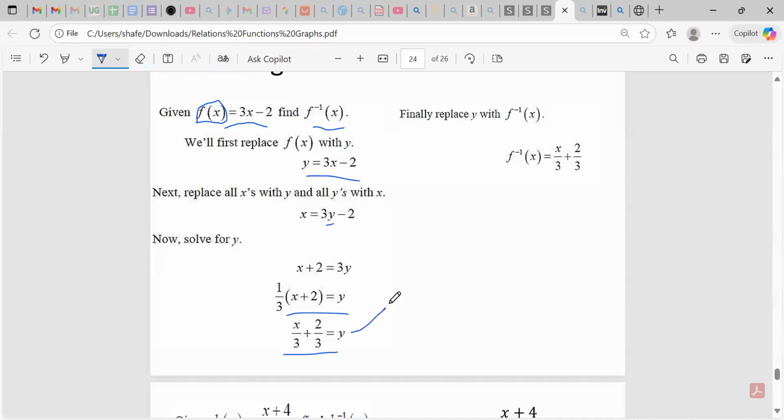And now the inverse, this is how you write it. f, you put a minus 1 on top there, x. f inverse x equals x over 3 plus 2 over 3. Right? You can also write it like this. So you can write it how they have it here. 1/3 x plus 2. You can do that. That's not a problem. Same thing.